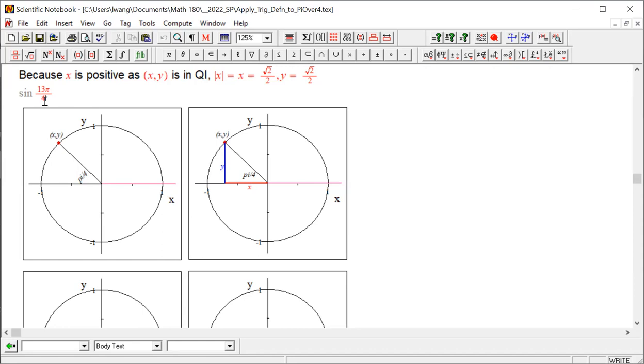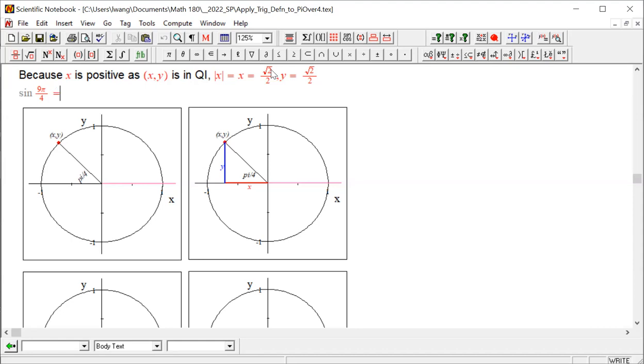Wait, no, 9 pi over 4, my bad. 9 pi over 4, right? 2 pi plus pi over 4. 2 pi is 8 pi over 4, so plus pi over 4, that's 9 pi over 4.